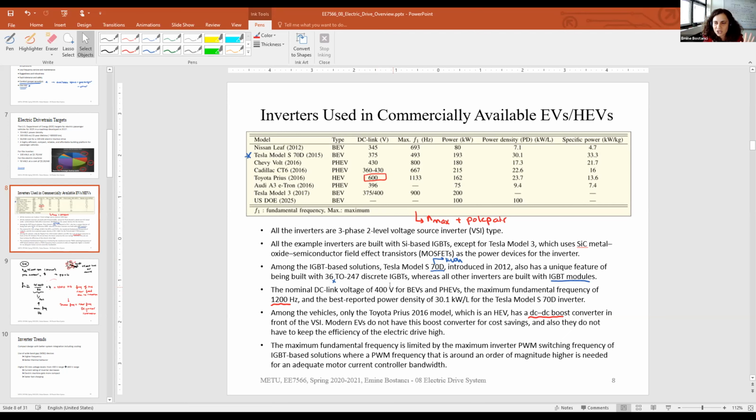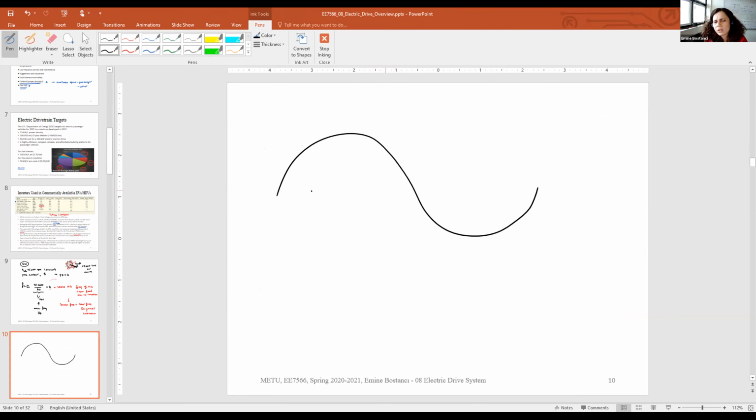Assume that this is your stator voltage, the fundamental of your stator voltage, and it has a frequency of 1000 Hertz, just for the sake of an example. So this is VA, some voltage of the stator. And you want to apply PWM, pulse width modulation. So what should be the switching frequency regarding the pulse width modulation?